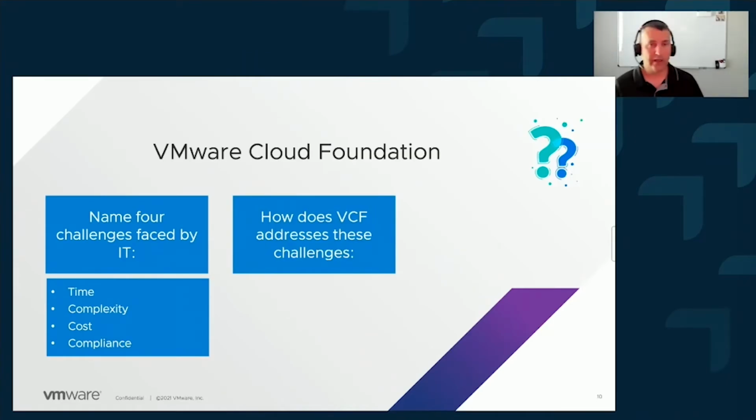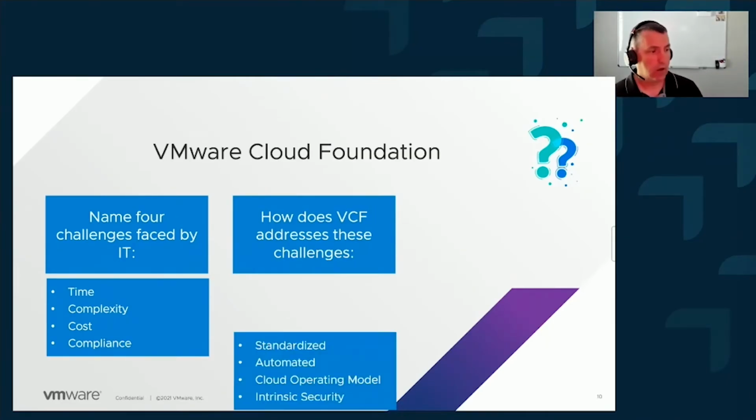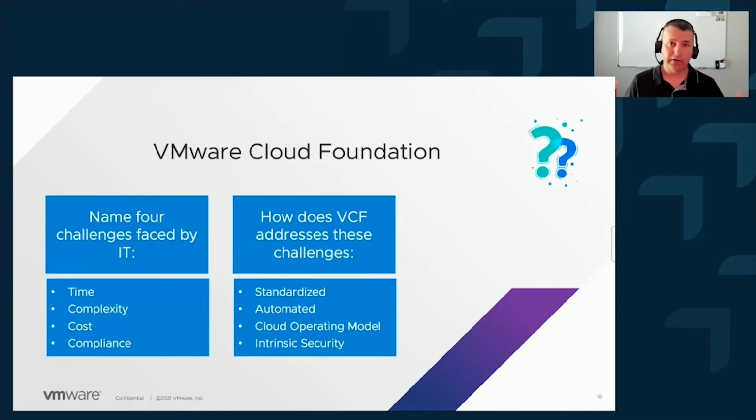How does VCF address these challenges? Through standardization. We have a standardized architecture. We use automation, and we enable that architecture to be deployed. That architecture being the software-defined data center to be deployed on infrastructure we own, be hosted in public cloud, run at the edge. So we're providing that standardized cloud platform across all the areas of the cloud, and we're using automation to make it easy to consume, easy to manage, and perform both initial day 0 as well as day 1 and day 2 activities.